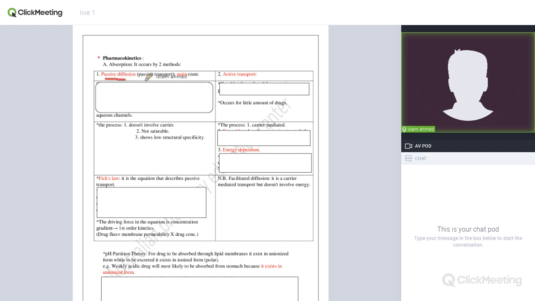The passive diffusion is the main route of drug absorption. So the definition here: it's the transfer of a drug from an area of high concentration to an area of low concentration, according to the concentration gradient.